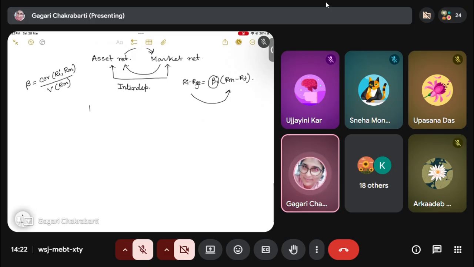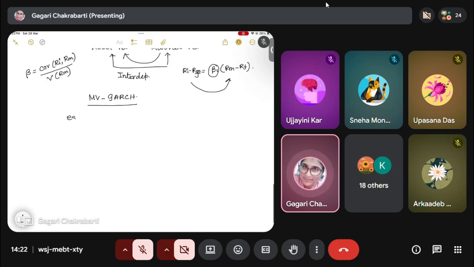So what happens in the multivariate Garch model? You know that already. We estimate the variance covariance matrix. Of course, there will be the mean equation. You are estimating the variance covariance matrix.